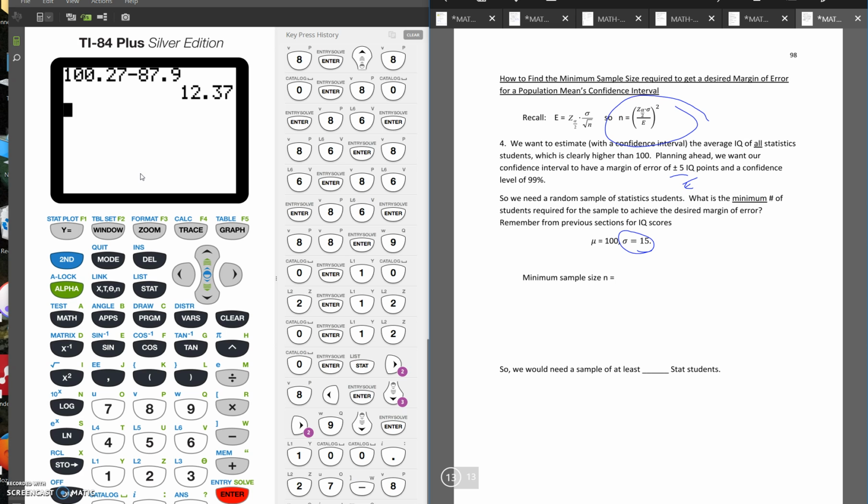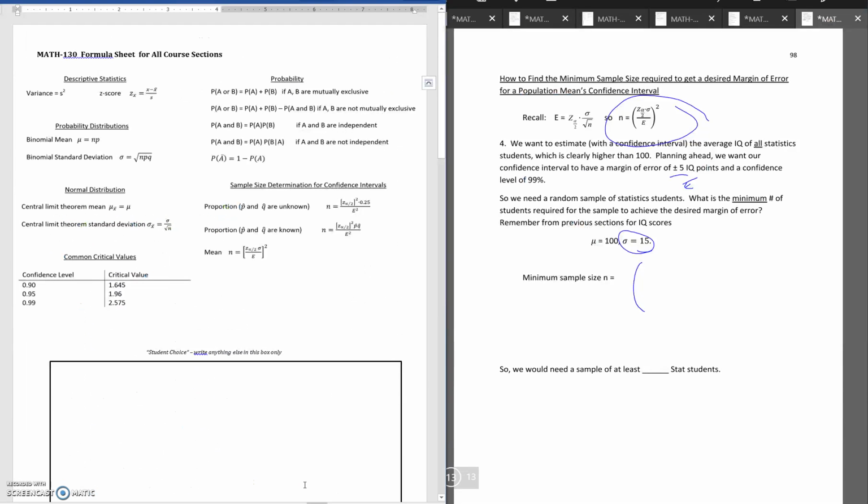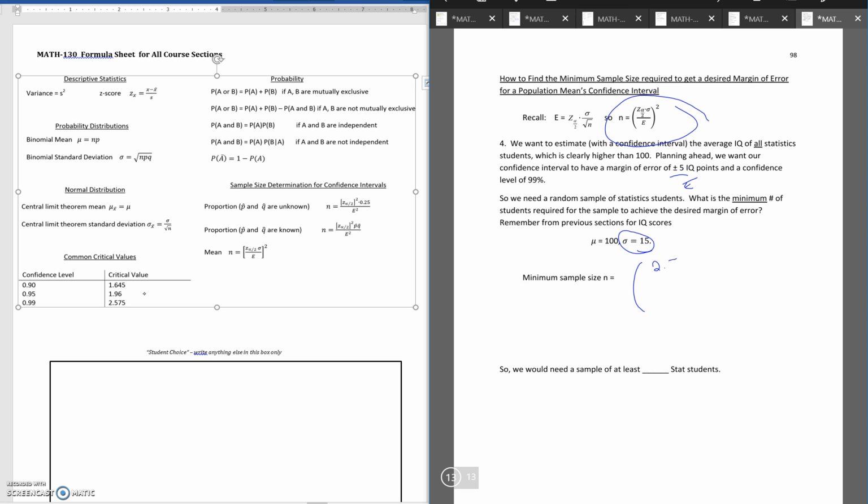So our n here, we want z alpha over 2 for 99%. So we're going to go to the formula sheet and look at that critical value for 99%, which is 2.575 times sigma, 15, over the margin of error, which we wanted was 5, and that whole thing squared.